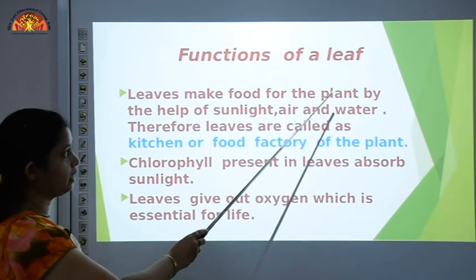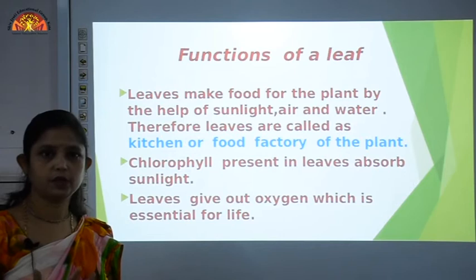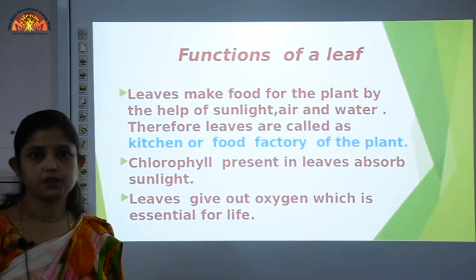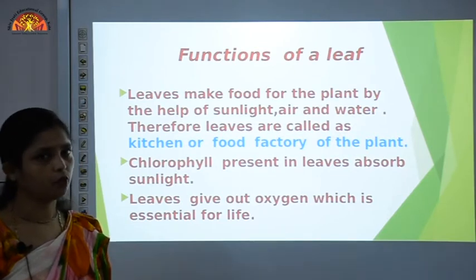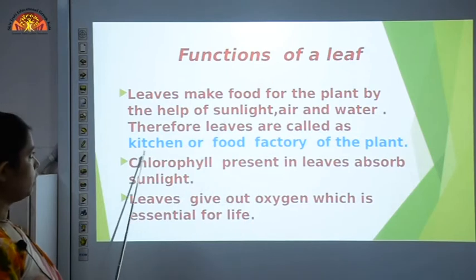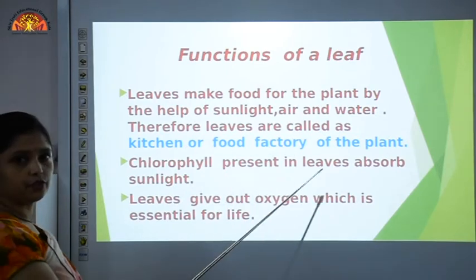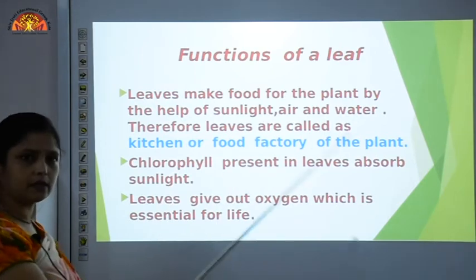Then they take air and water from the environment, and these are the raw materials which are needed by leaves to prepare food. Then leaves prepare food by the help of these raw materials. So again I repeat, that's why they are called as kitchen or food factory of the plant.